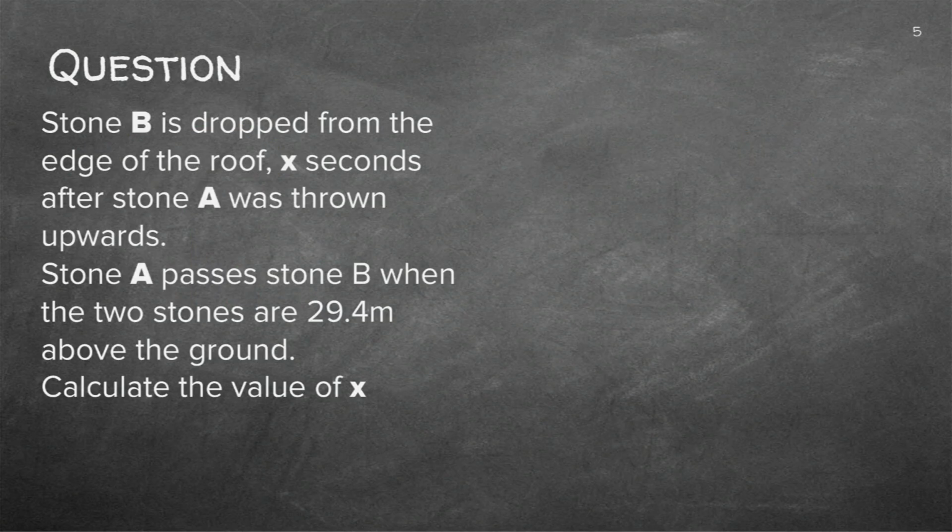Now, they are dropping another stone, B, from the edge of the roof. And it's not just dropping it, they take X seconds after they've thrown A in the air before they drop B. Stone A passes stone B. Now let's just quickly draw a diagram. I cannot do these questions without the diagram.